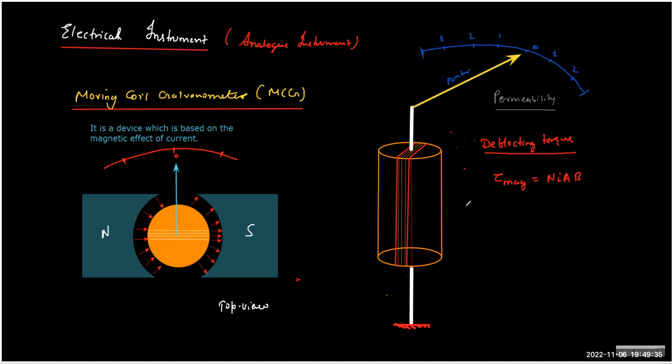This is what we take as the magnetic torque. The proof will be given in the chapter of magnetism. As of now, you just remember the formula. This is called deflecting torque, so this will deflect the needle.